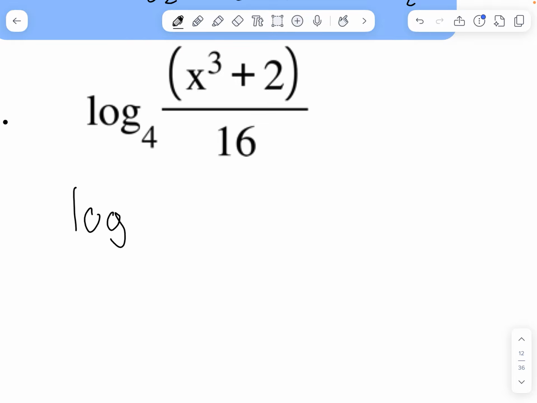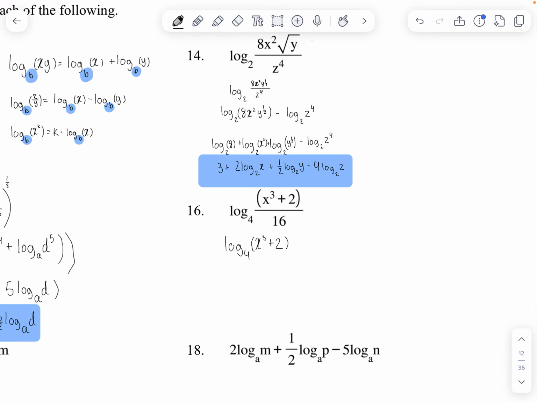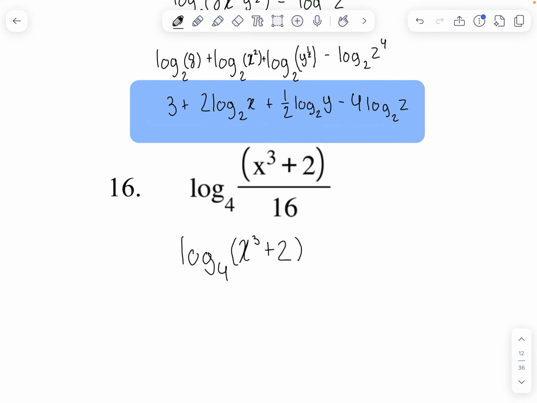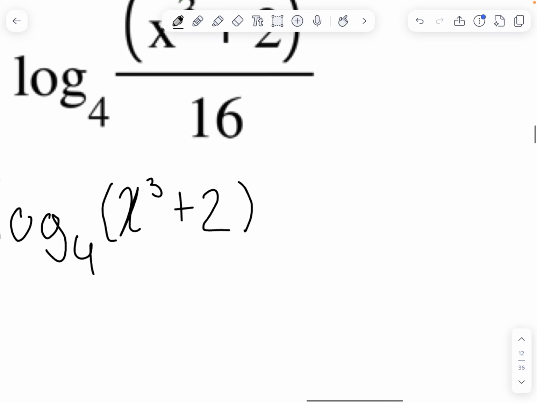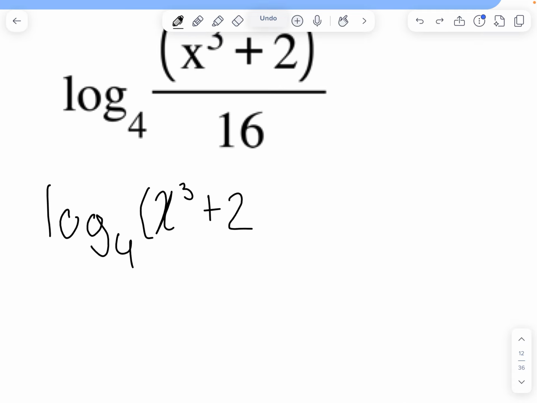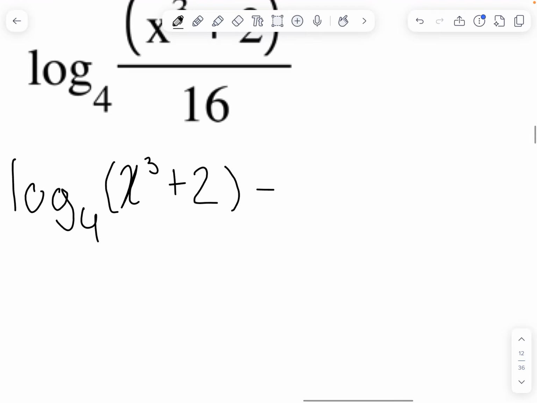Log base 4 of x cubed plus 2 minus log base 4 of 16.